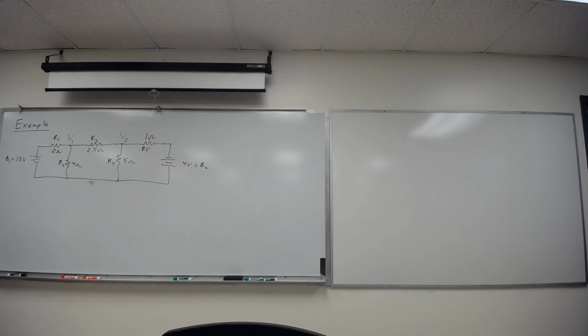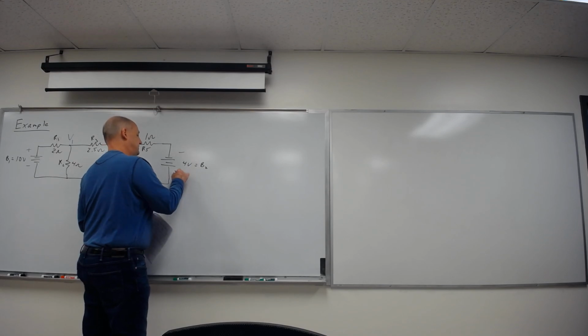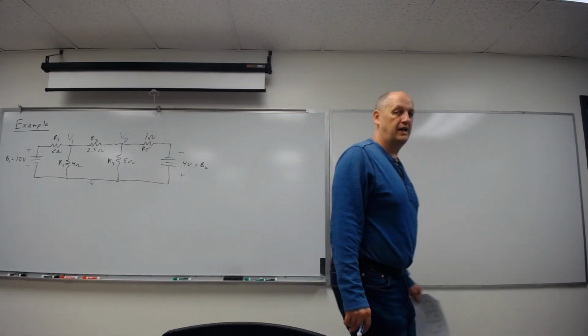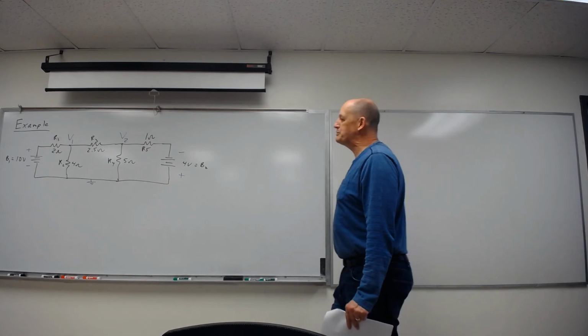Let me do one more thing before I start. Note my battery 2's polarity. Okay, battery 1 is the way I usually expect, right? Positive at the top, negative at the bottom. Battery 2. So I do have to make sure and keep track of battery 2's polarity.